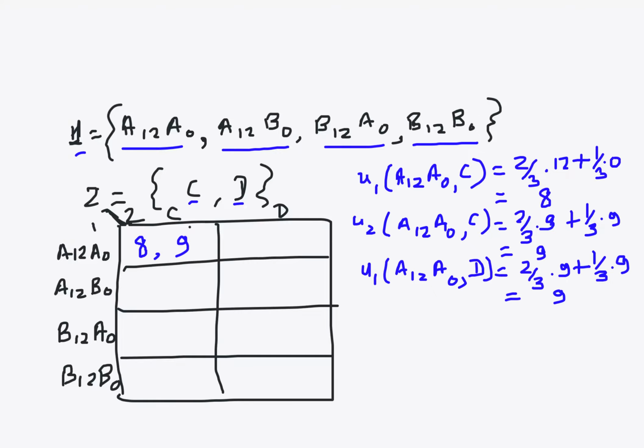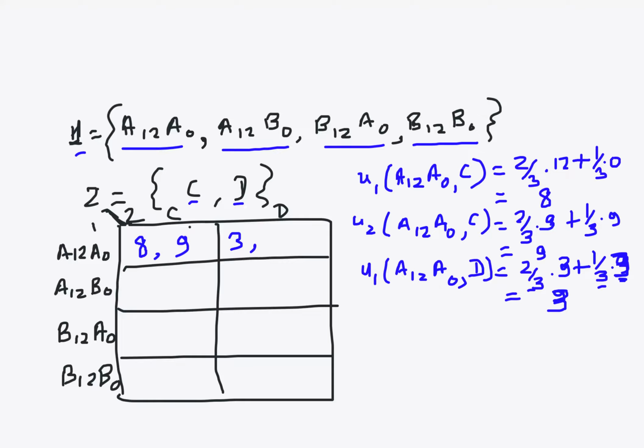This should be 3, and this should be 3. With probability 2/3, player 1 gets 3 if player 2 plays D, and with probability 1/3, player 1 gets 3 if player 2 plays D. So the expected payoff is 3.